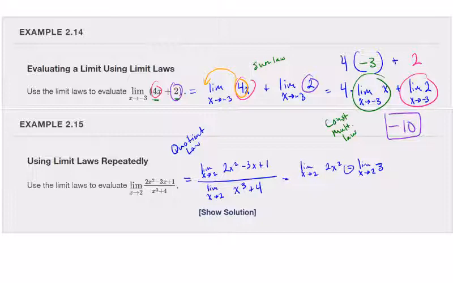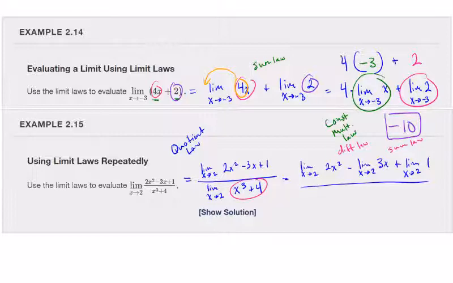I already have the minus here, so I don't need it to be negative. And then plus the limit as x approaches 2 of 1, right? And so if we want to label these, this is the difference law, because we're subtracting, and this is the sum law, right?